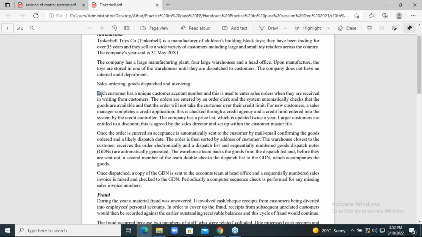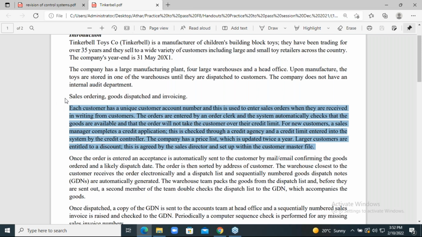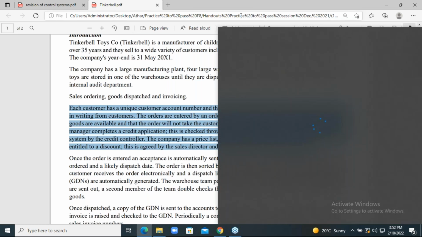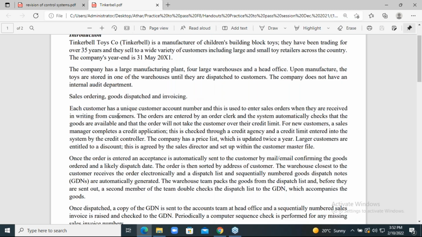Like this paragraph. If you read this paragraph, you can see each customer has a unique customer account number, and this is used to enter sales orders when they are received in writing from customers.